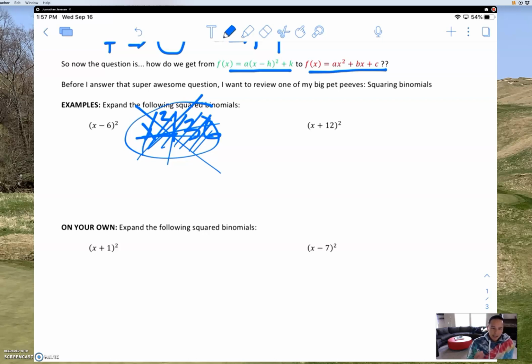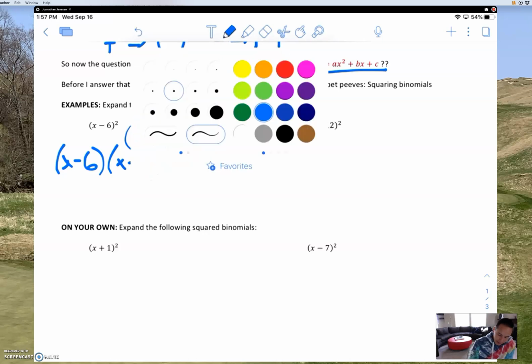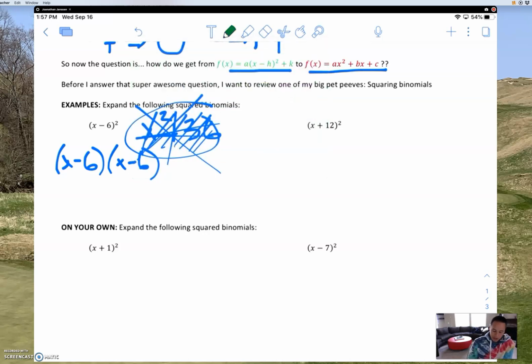So x minus 6 squared really means we are taking x minus 6 times x minus 6. And we have to distribute the x to both of those. You've heard of foiling at some point maybe. X times x gives you x squared. X times negative 6 gives you minus 6x. Then we have to distribute the minus 6 to both of them.